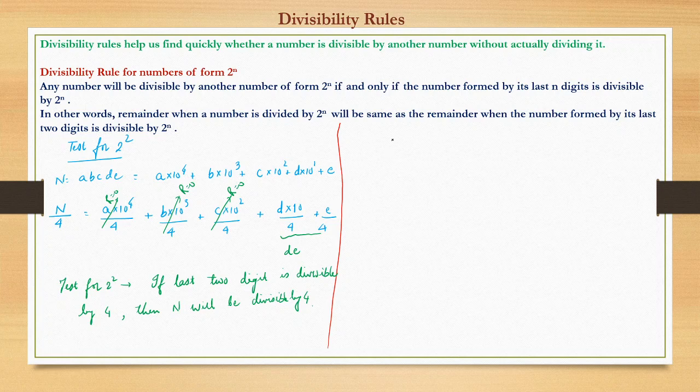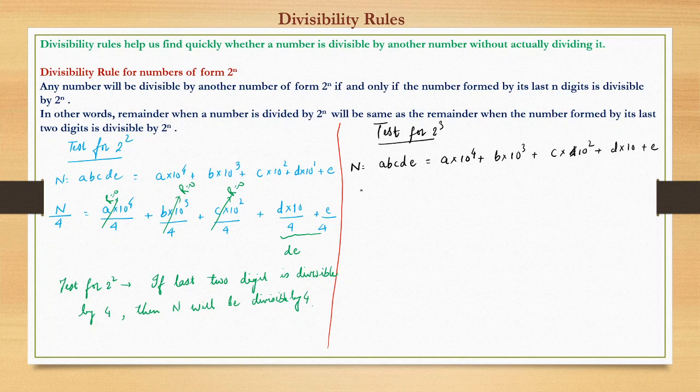The test for 2 raised to power 3, and then we can generalize. Again the same example we'll take. N is equal to a, b, c, d, e. This can further be expanded into a into 10 raised to power 4 plus b into 10 raised to power 3 plus c into 10 raised to power 2 plus d into 10 plus e.